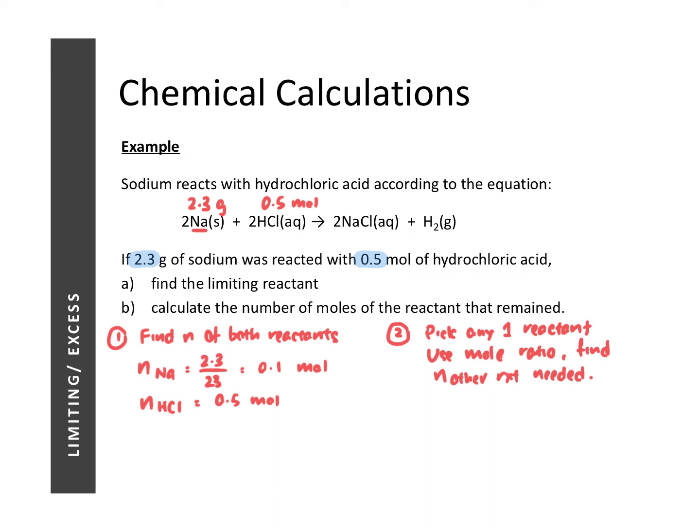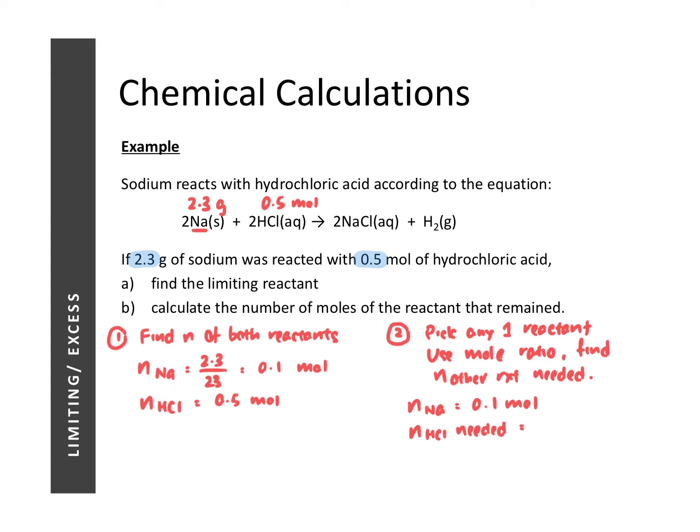So for example, if I were to pick sodium, we have found that number of moles of sodium is 0.1 mole. Okay, so I'm going to make use of the mole ratio indicated in the chemical equation to find out the number of moles of hydrochloric acid needed to completely react away my sodium.